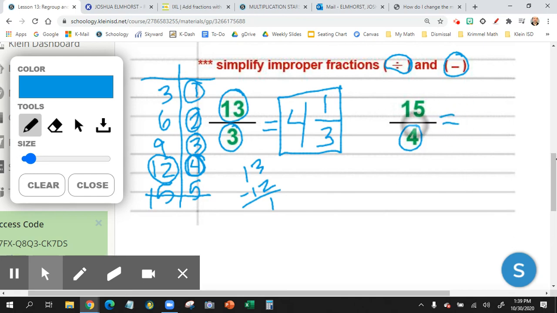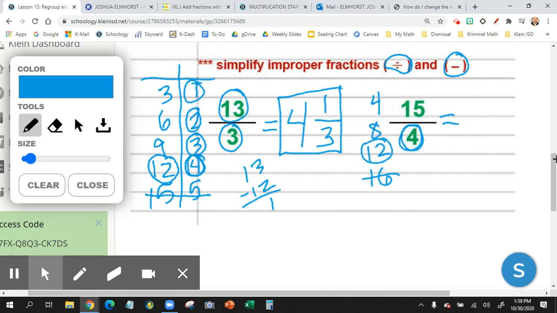So we look at 15, and we look at the denominator. The denominator says 4, so we're going to use our multiples of 4: 4, 8, 12, 16. We're going to go as far as we can get as long as we don't go over 15. 16 is over that, so we can't use 16.